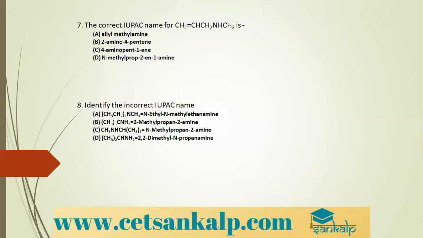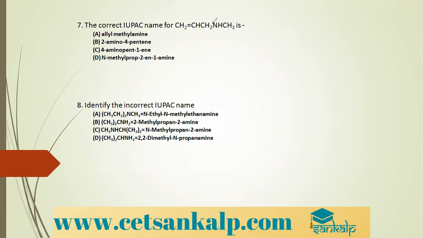Next, what is the correct IUPAC name for the compound? The compound is CH2 double bond CH, CH2, and NH with CH3. Whenever you are naming amines, we always consider the functional group.